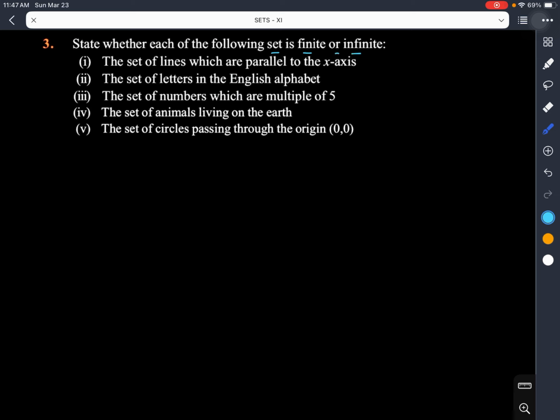As discussed in the previous video, a finite set has definite or countable elements, while an infinite set has infinite or uncountable elements.